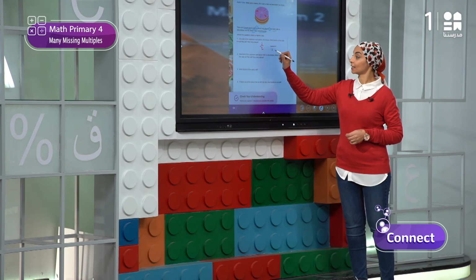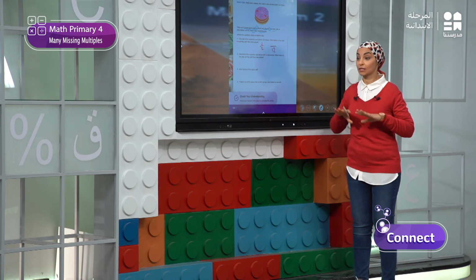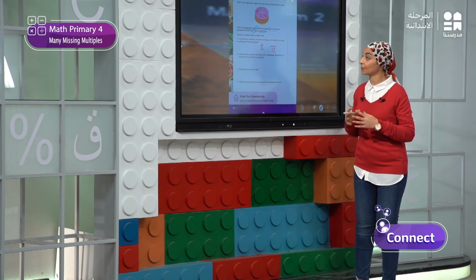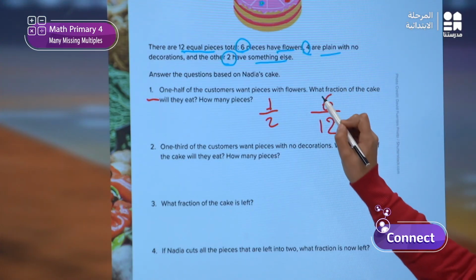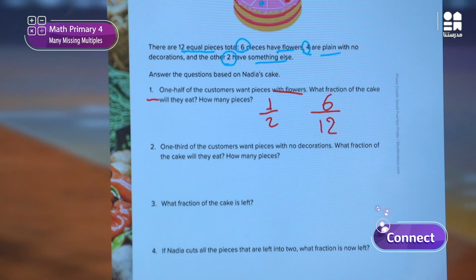From what we read in this problem, what did we learn? We learned that the cake is divided into 12 pieces. 6 of them have flowers, right? So 12 pieces means 12 in the denominator, and 6 of them are decorated, or have flowers, so 6 parts out of 12 decorated with flowers.